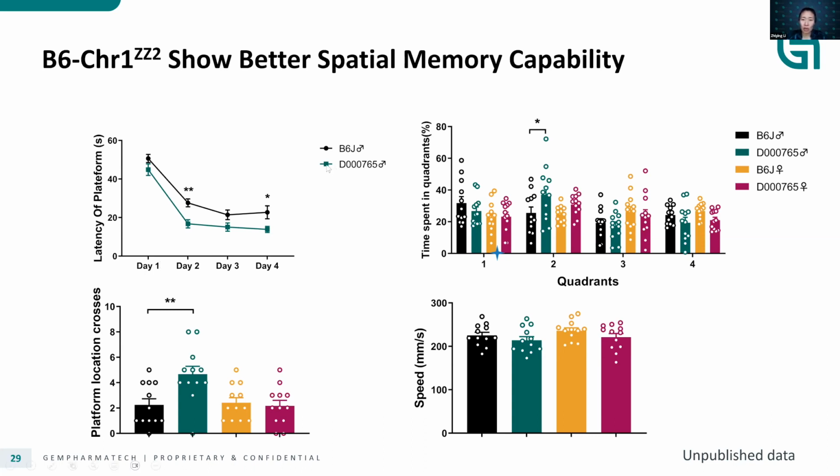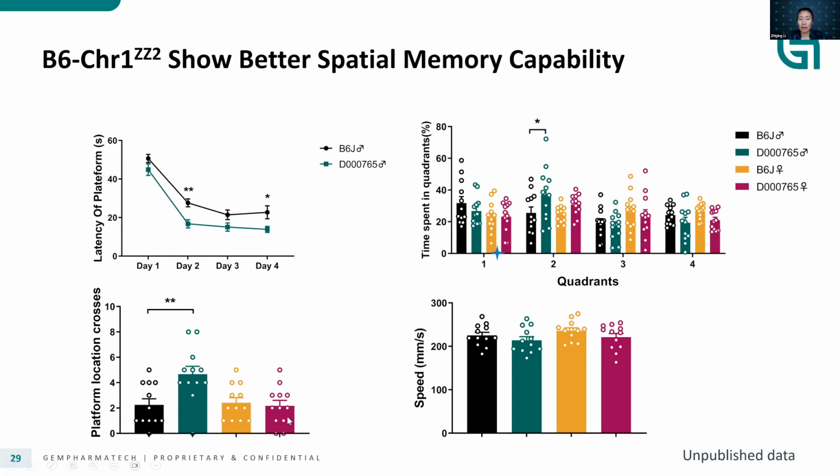As shown you here, the green represents the ZZ2 strain. The males of this strain were able to find their escape platform faster than their B6 counterpart. As quantitated here, they're also crossing the target quadrant a lot more than the B6 mice.